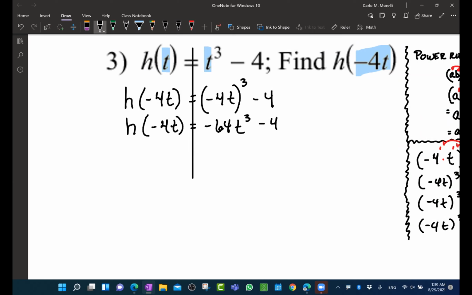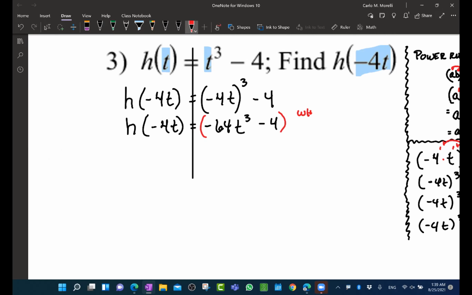Now, does anyone see some number that we could factor out on the right side here? Okay, here's the question I'd like you to ask yourself.